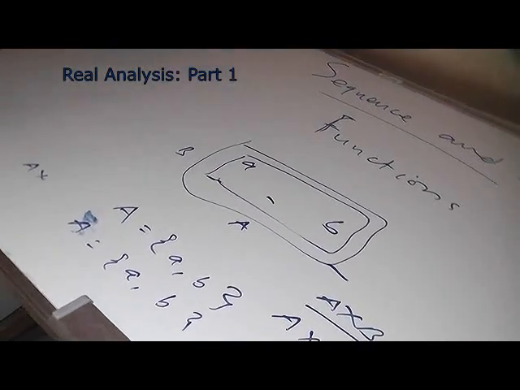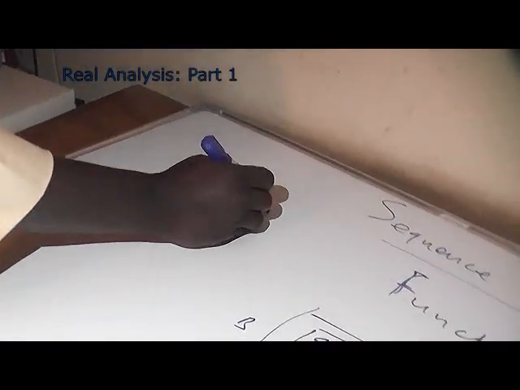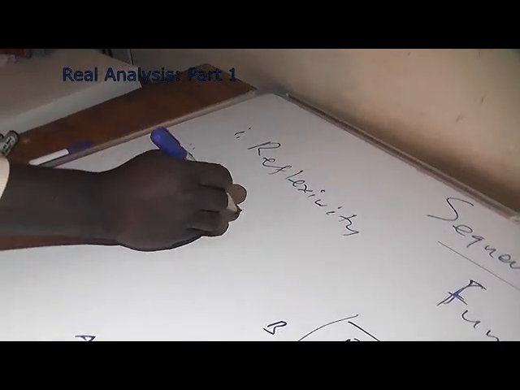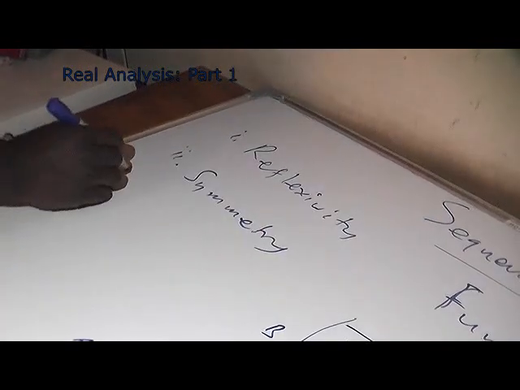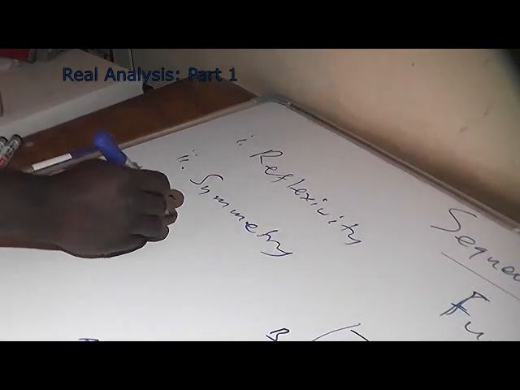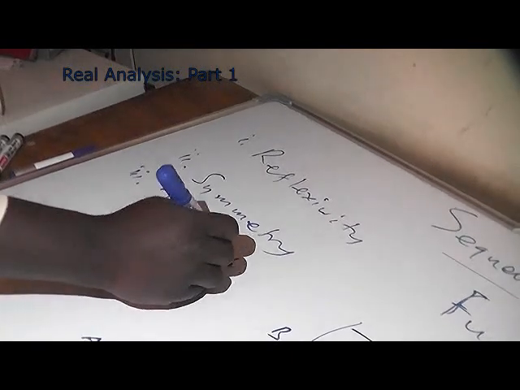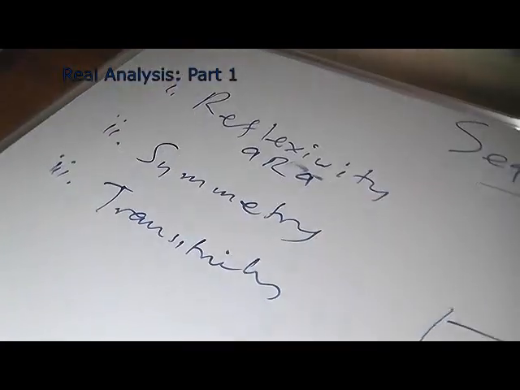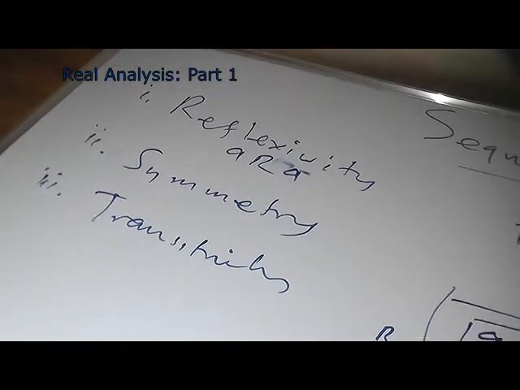Now we have so many types of relation. We have reflexivity, we have symmetry, and transitivity. Two items are said to be related if they can be written in this form: A is related to B. Now, if A is related to A, then we say the relation is reflexive.